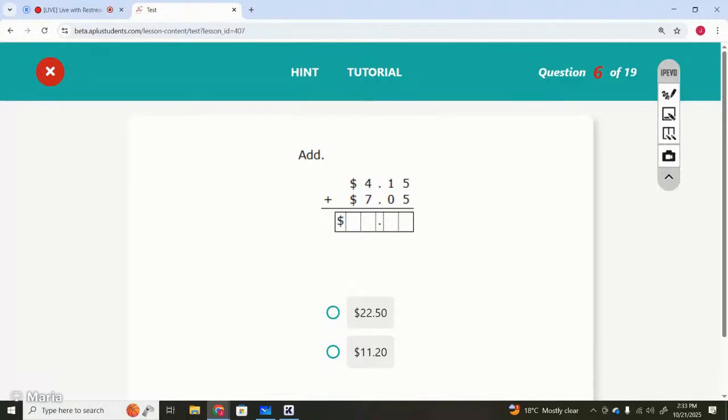4.15 minus 7.05. 5 minus 5 is 0, 1 minus 0 is... We need to add, not subtract. 11.20 it is. $4,741 plus 1,107.